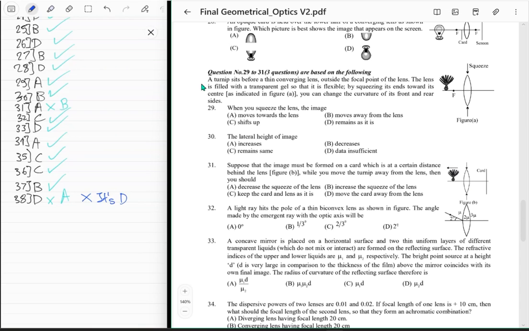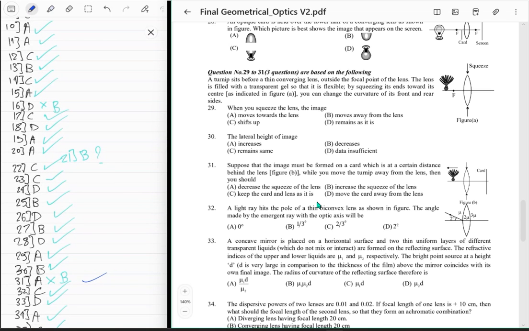But they didn't say that you are trying to determine a focal point. It just doesn't make sense. It's so vague. This 31st question I'm giving myself a correct because it was so badly written. They didn't tell me what they want to do. Okay, let's go to 21st.